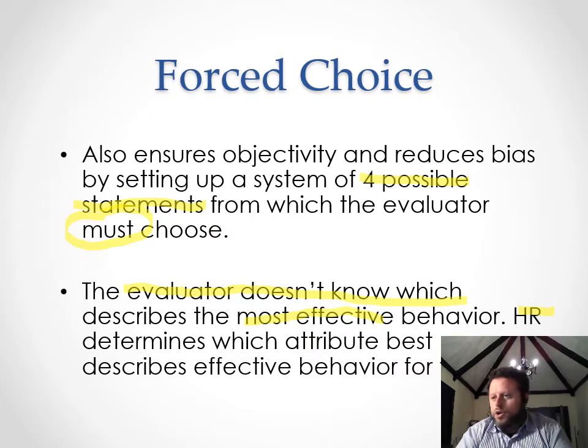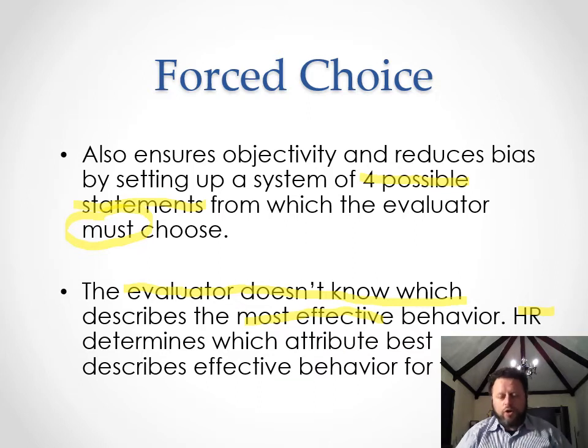Good thing about this, no bias, because the manager doesn't even know what HR is looking for. All the sentences have goods and bads. So the good thing is it reduces bias. The bad thing is it really is very narrow in what it tells us. HR can be looking for one attribute or behavior, such as coming late or making the class fun. But it's not like a questionnaire where you could have a whole list of things.